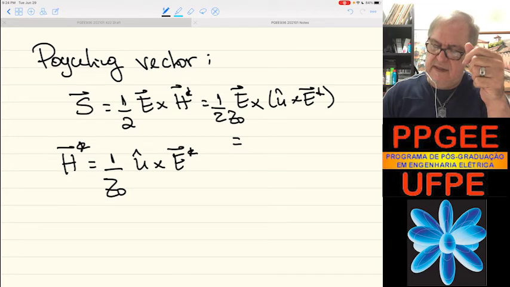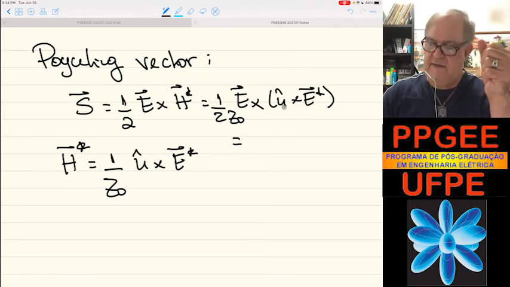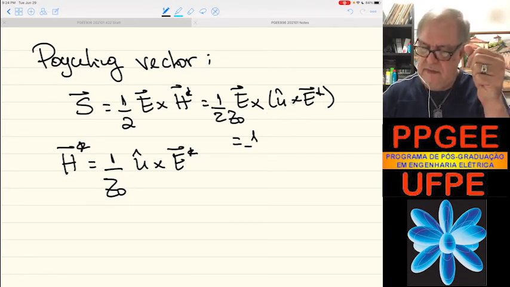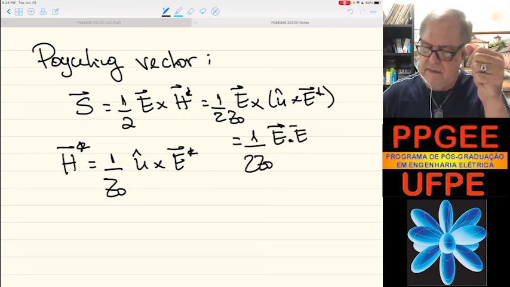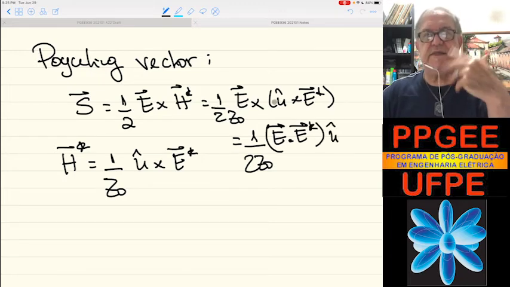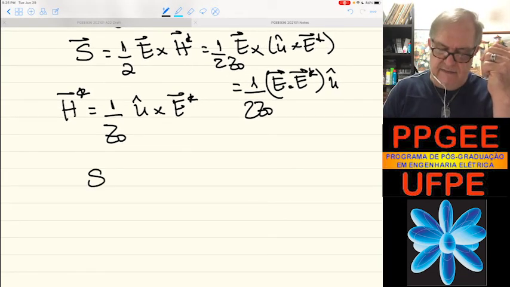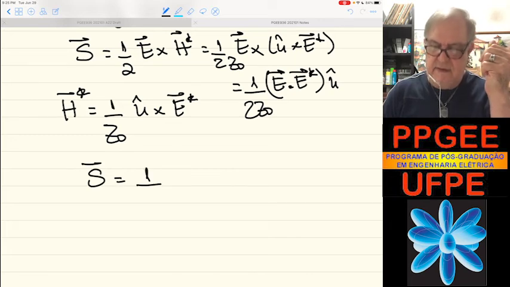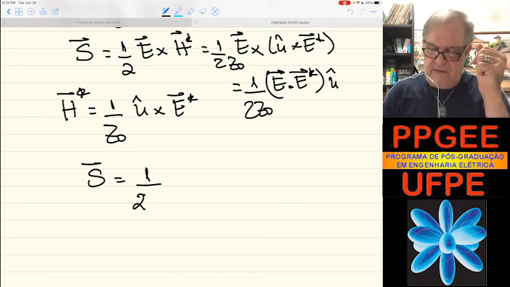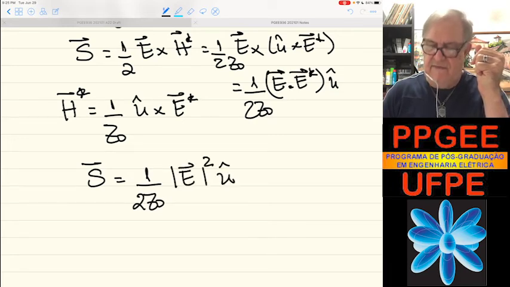So the triple product gives u times the dot product E with E conjugate, minus E dot u, which is 0, times E conjugate, right? So that's the Poynting vector: 1 over 2 Z0, magnitude of E squared, direction of u.